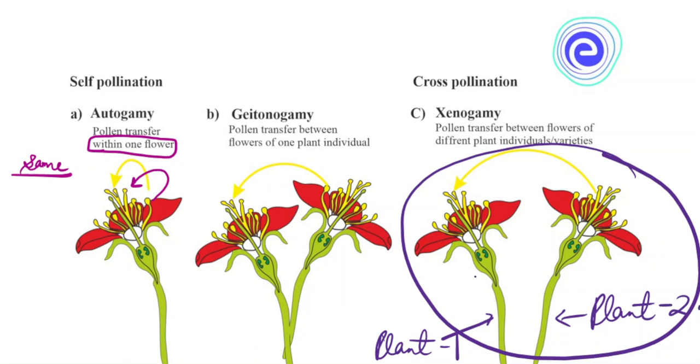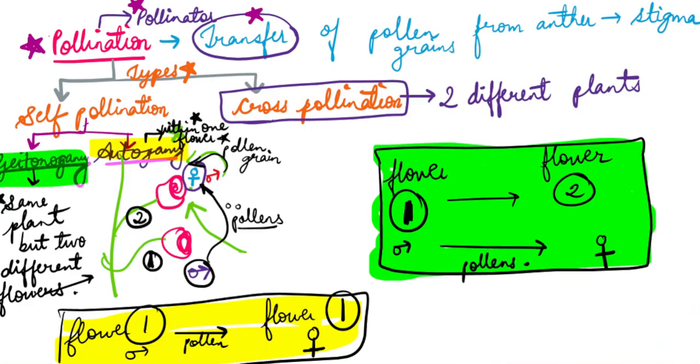The pollen transfer is from plant number 1 to plant number 2, or from plant number 2 to 1. So from here the pollens will come and settle on the stigma. So this is the basic topic which we have started.